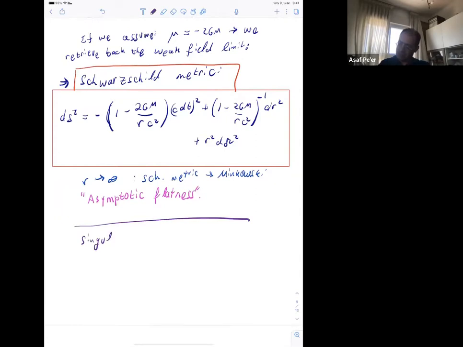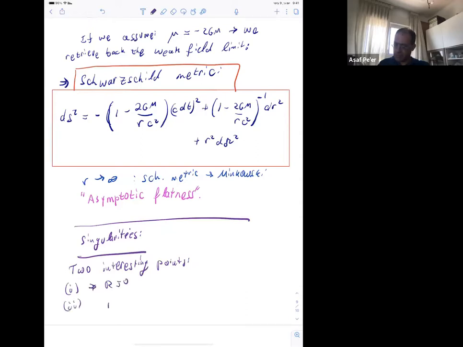Singularities. There are two interesting points. One is at r equal to 0, and two is at r equal to 2GM over c squared.